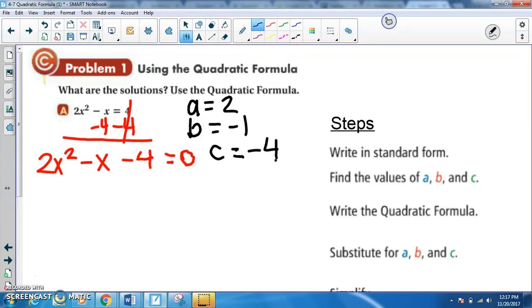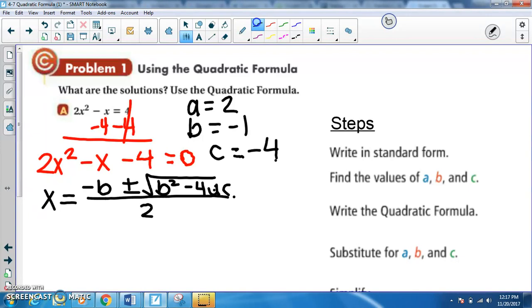And now I'm going to write out the quadratic formula. x is equal to the opposite of b plus or minus the square root of b squared minus 4ac all over 2a.